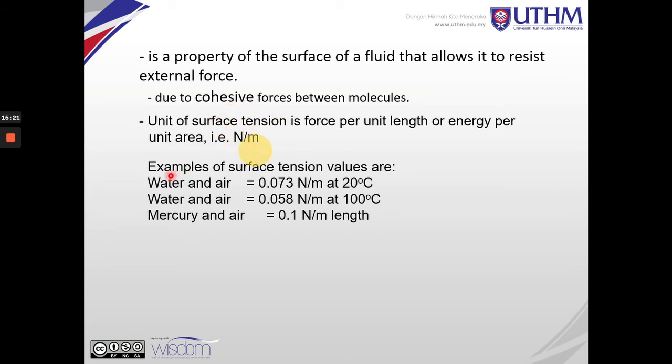Examples of surface tension values: water and air at 20 degrees Celsius, we get 0.073. Water and air at 100 degrees Celsius, we get 0.058 Newton per meter. And mercury and air is equal to 0.1 Newton per meter.